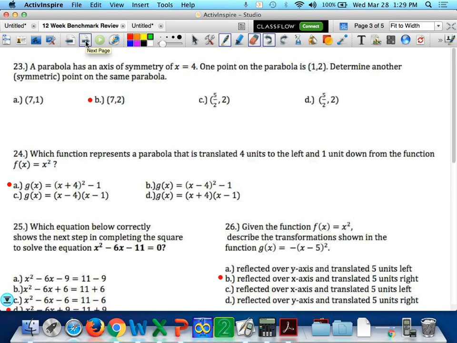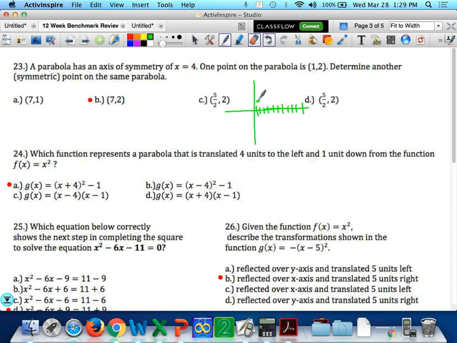Number 23 is tricky. A parabola has an axis of symmetry at x = 4. That's a vertical line. And one point on the parabola is 1, 2. Determine another symmetric point. That means in the world of this parabola, at 1, 2, we've got a point.